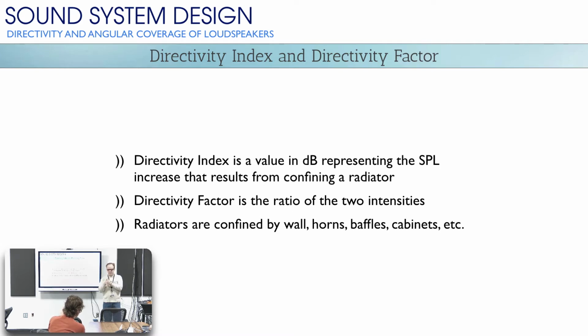Okay? Is it related to the Q you see on EQs? That's something different, but it is a similar concept. I like to think of Q in the context of loudspeakers as a ratio between two intensities, but Q as a thing, whether you're talking about directivity or filters, is about confinement.